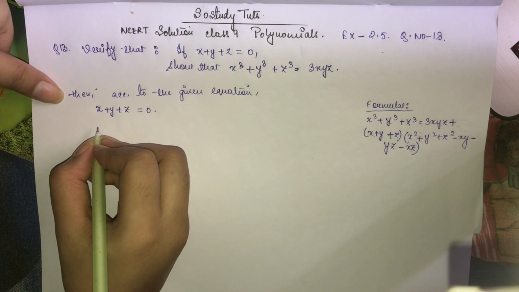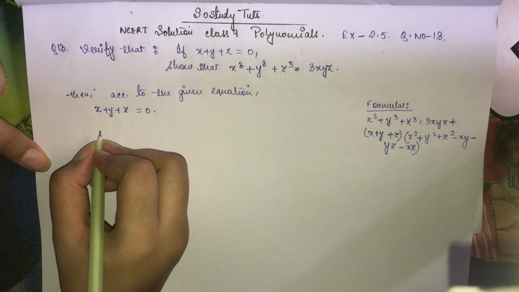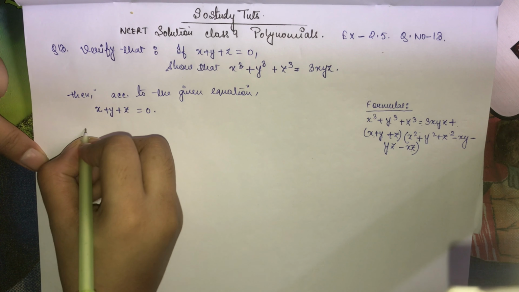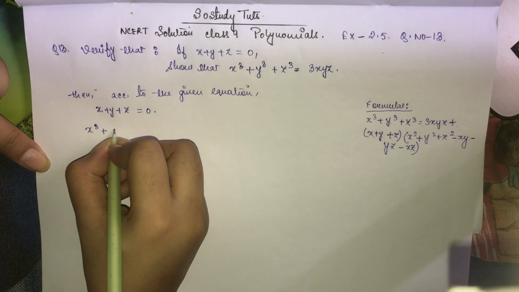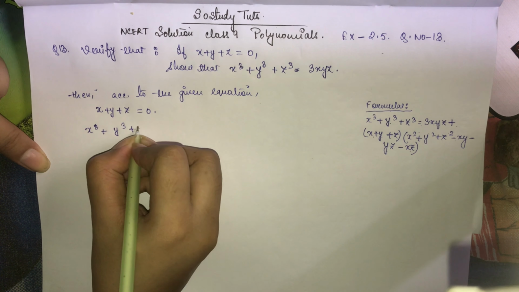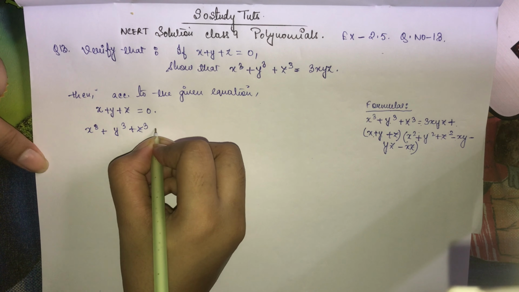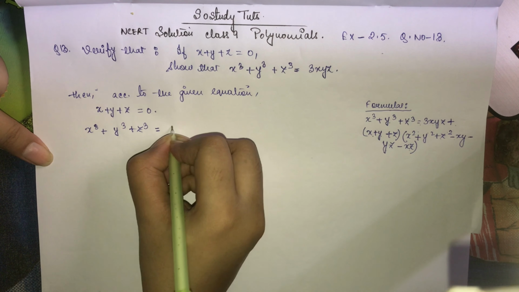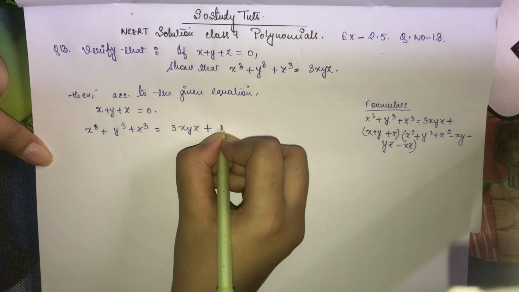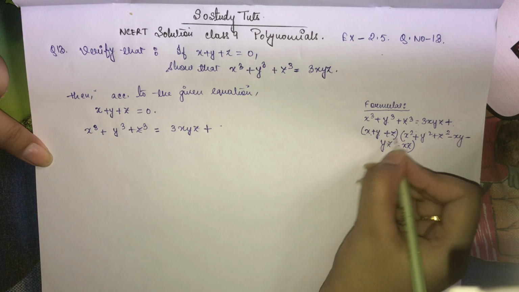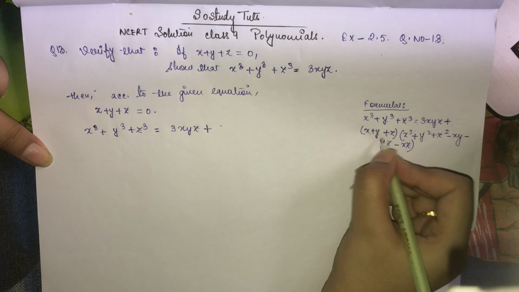So I can easily now say that x cube plus y cube plus z cube equals 3xyz plus, this entire x plus y plus z is now 0.